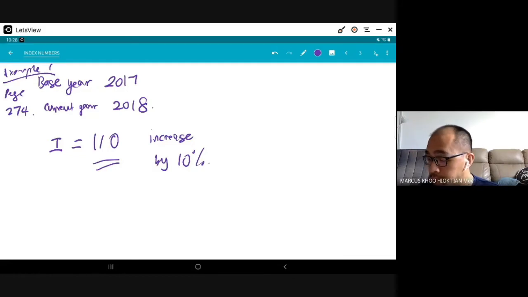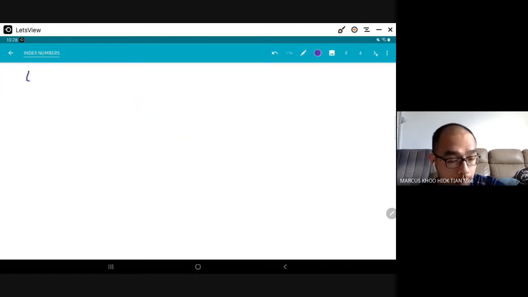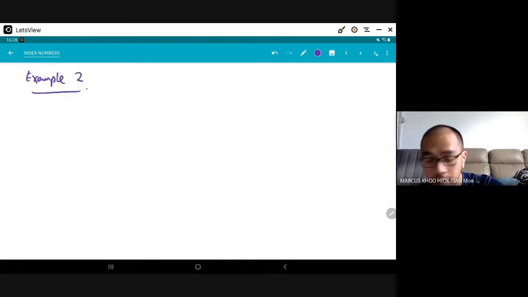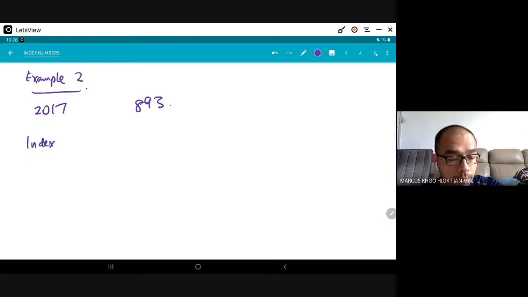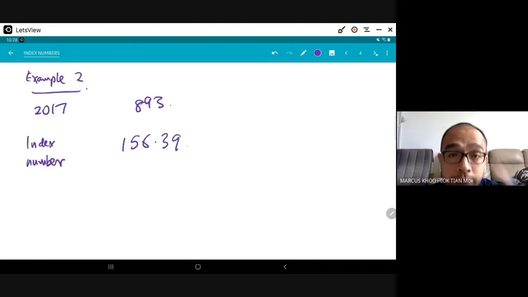In example 2, it's a bit different. Let's read example 2. They say in 2017, the number of sports governing bodies registered with the Sports Commissioner Office is 893. And then they say the index number is 156.39. Now the question is, which one is the base year?